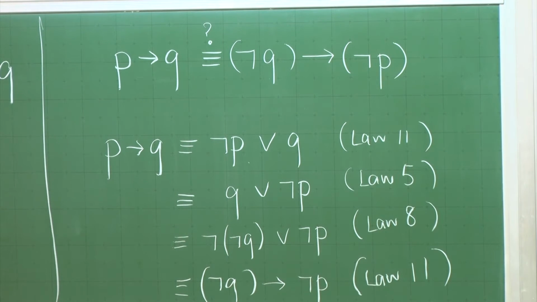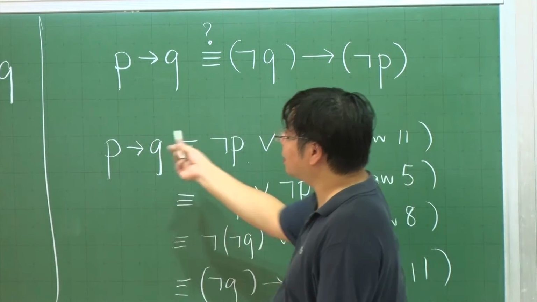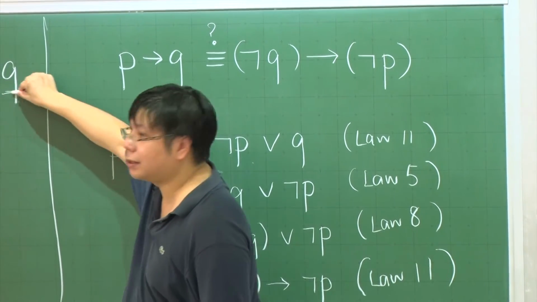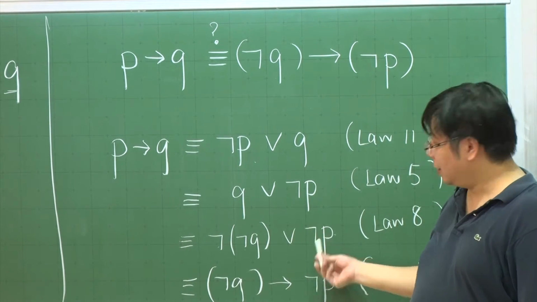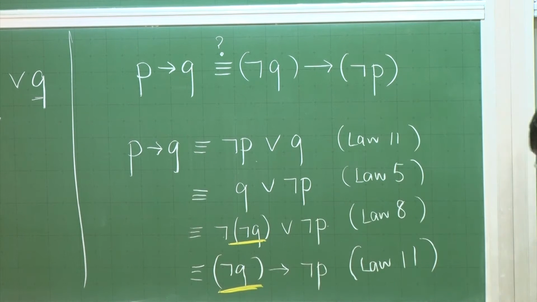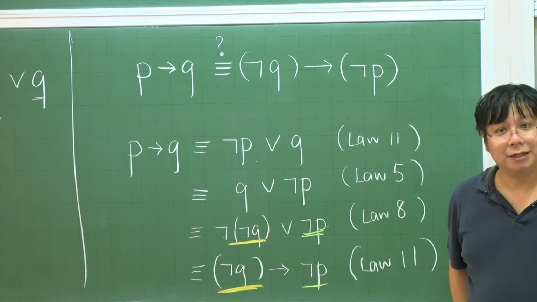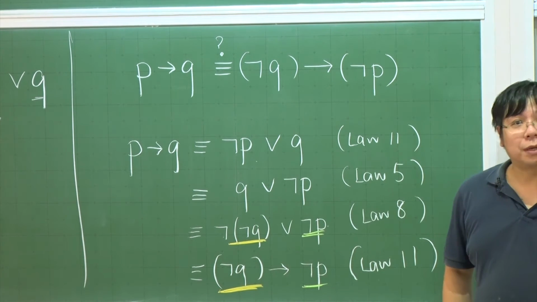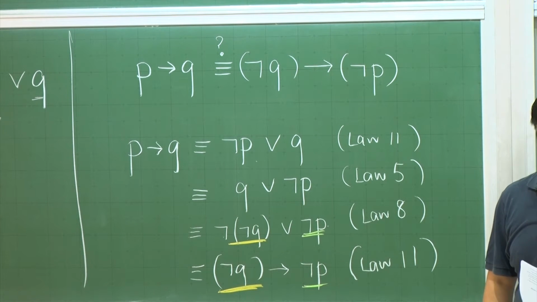Law 11 says if you have not something or something, then it is this part implies that part. Here you have not something or something, so it is this part implies that part. Does that make sense? So that's it. We can prove it without using a truth table. But for this case, it is still okay if we use a truth table, because there are just two variables.